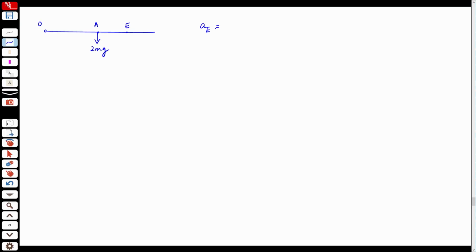It is just rotating about the fixed point, alpha into 3L by 2, because that is the distance to point E. Now what is alpha? Minus 3 by 4 g by L into 3L by 2, which gives me minus 9 by 8 g. That is the acceleration of E, in the negative y direction.